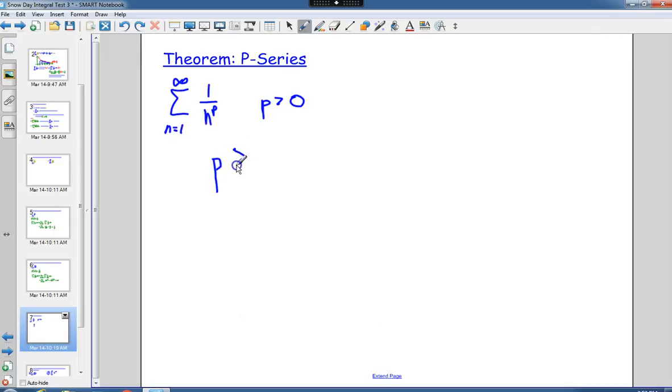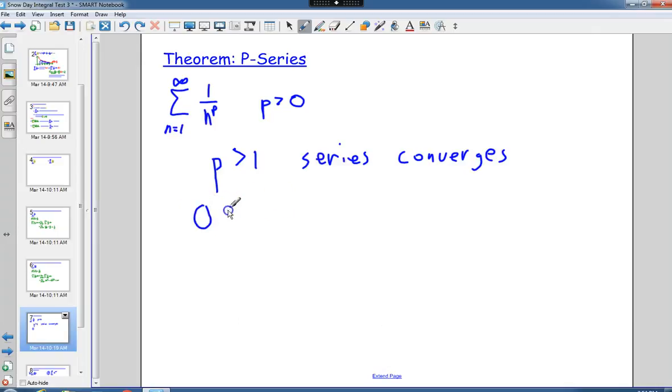So in particular, if the p-value of a p-series is greater than 1, we say that our p-series is going to converge. In those examples, when p was 2, p was 3, those p-series converge. And so for any other p-value greater than 1, that particular p-series will converge.